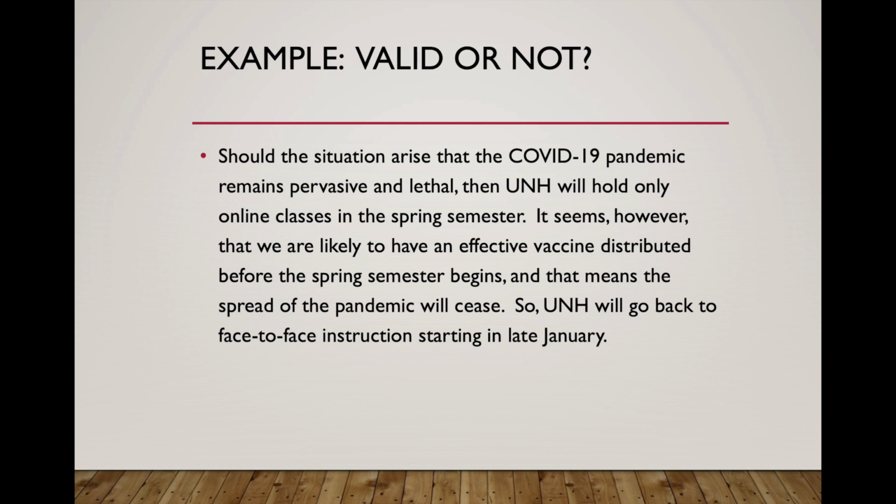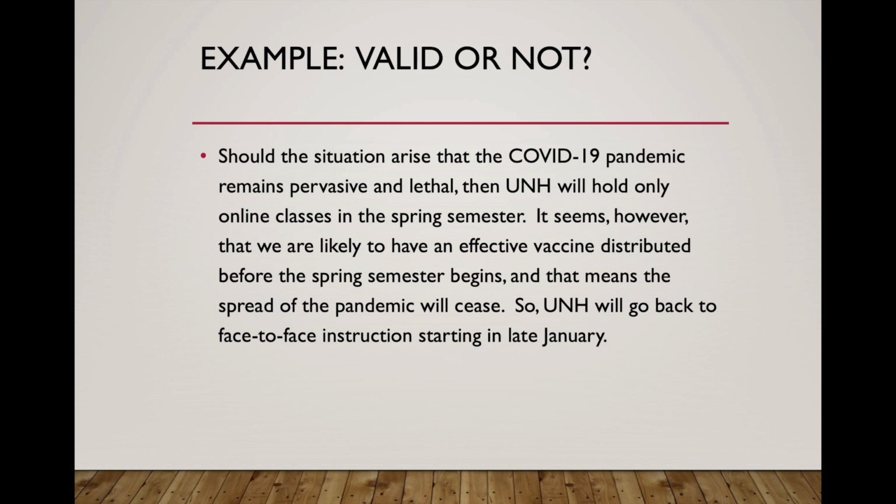So we should recognize that first sentence as a molecular statement, and it's in conditional form. We have the antecedent, the COVID-19 pandemic remains pervasive and lethal. And we have a consequent, UNH will hold only online classes in the spring semester. But note, we don't have enough information to know whether the antecedent is true or whether the consequent is true. We need additional information.